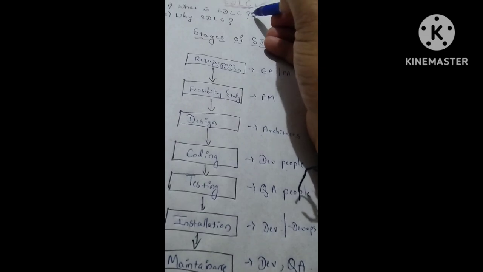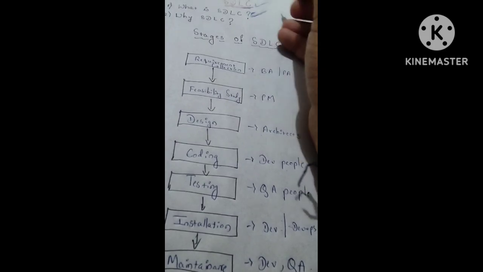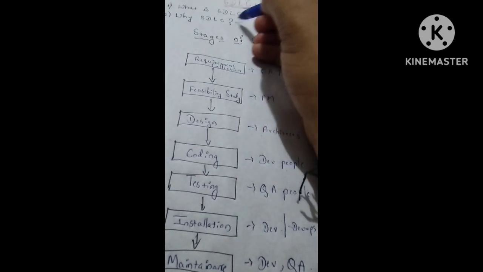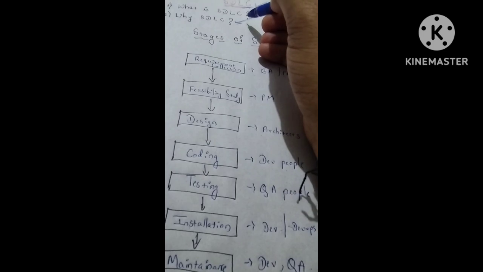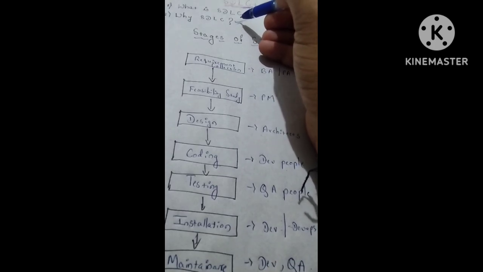So finally we have understood what SDLC is: software development life cycle. So why is SDLC required? Because for anything you are going to build, you should know how to build, what to build, when to build, why to build, and what is required to build. We get all those things easily by following the SDLC.